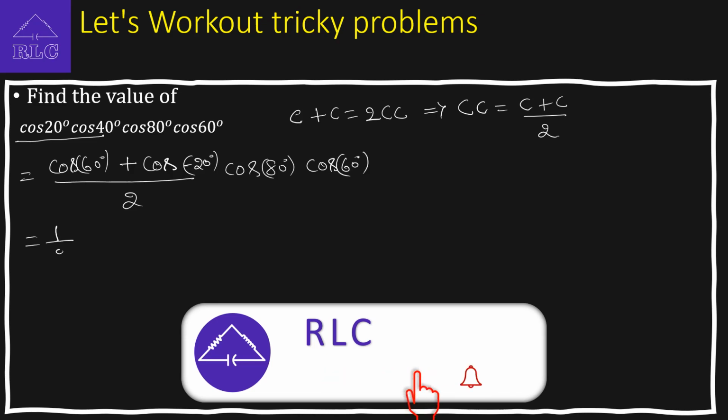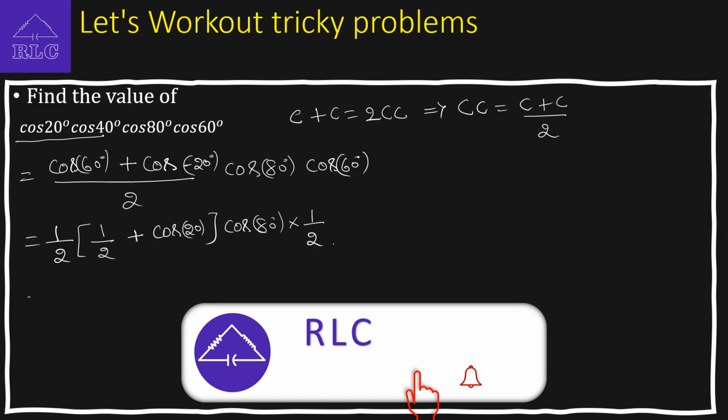Next, 1 by 2 into cos 60 degrees, sorry, cos 60 degrees is 1 by 2, plus cos of minus 20 is cos 20 degrees, into cos 80 degrees, into this one is 1 by 2.